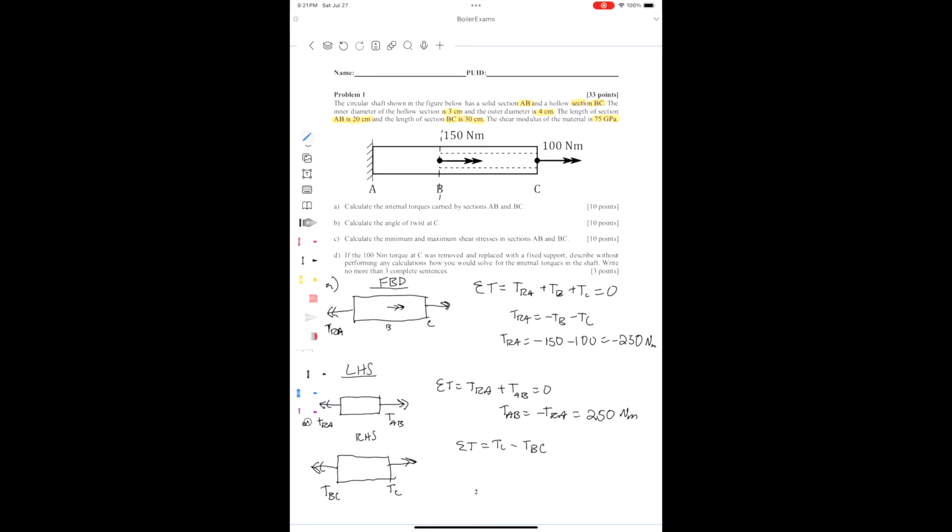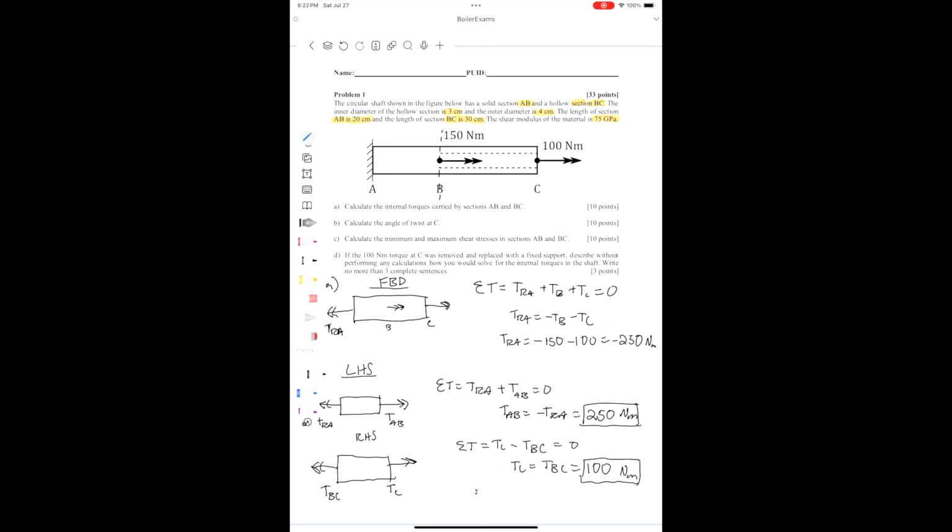That equals 0, so TC equals TBC, which equals 100 Newton meters. All right, and that does it for part A. So we have our internal torques. Torque AB being 250 and torque BC being 100.